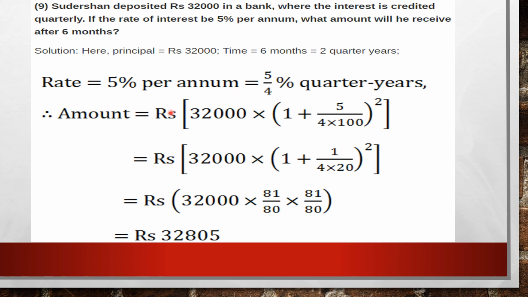Amount is equal to P into (1 plus R by 100) power n. Principal amount is 32,000 into (1 plus 5 by 4 divided by 100) power 2. We get the amount as 32,805. So for a principal amount of 32,000, the interest is 805 rupees.